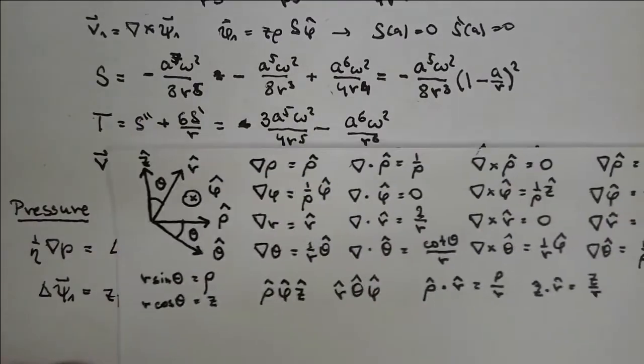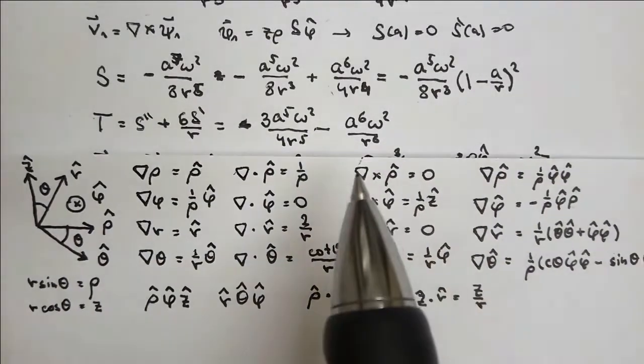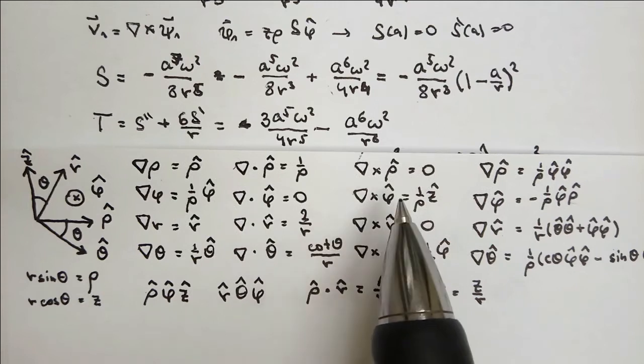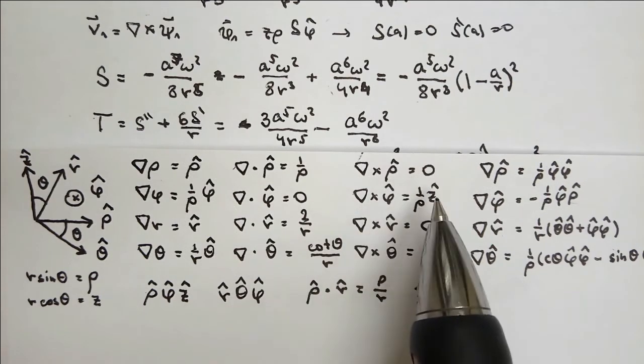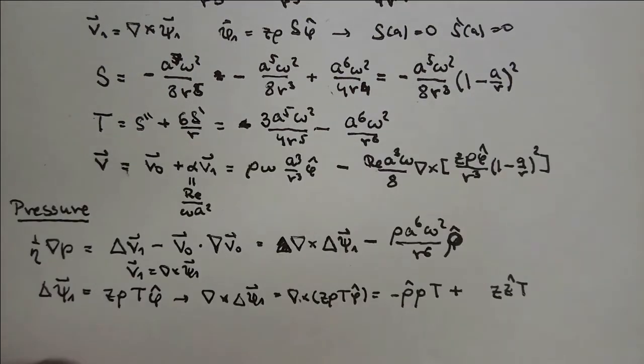You can check it yourself again: the curl of phi hat is 1 over rho z hat. So this term will vanish and z hat will pop up.